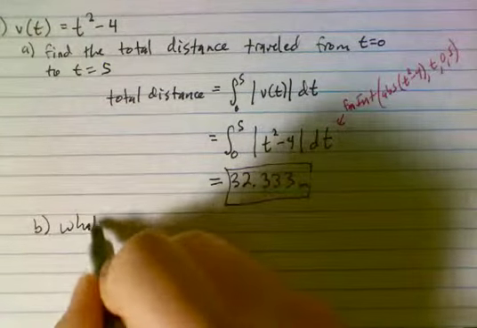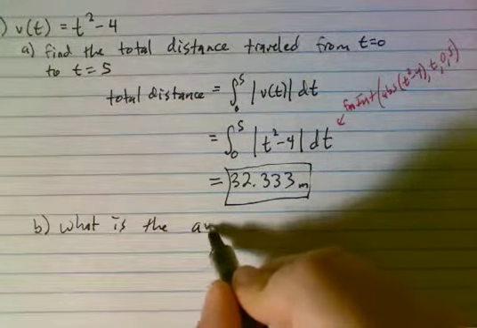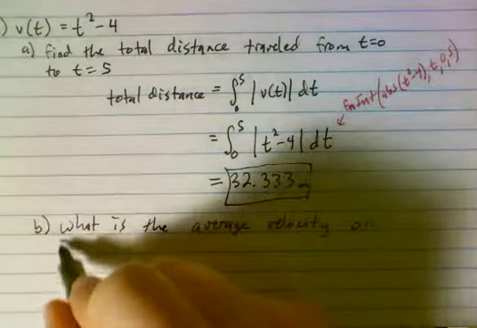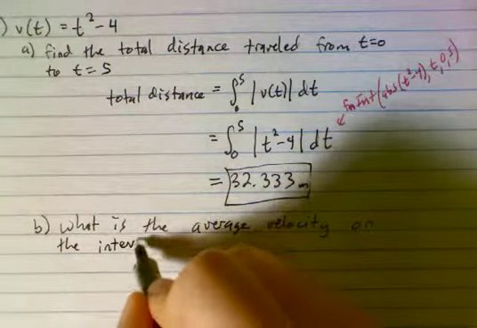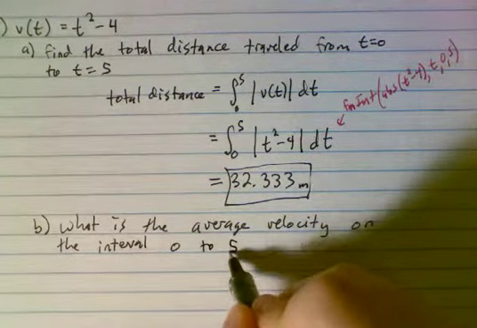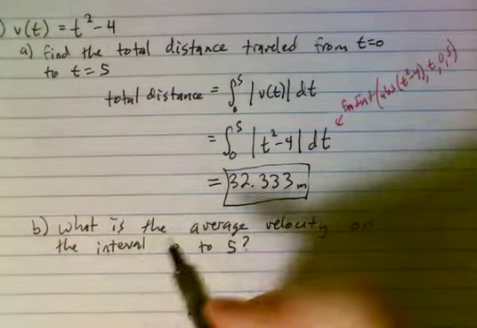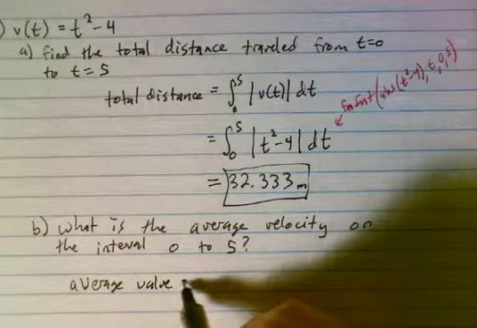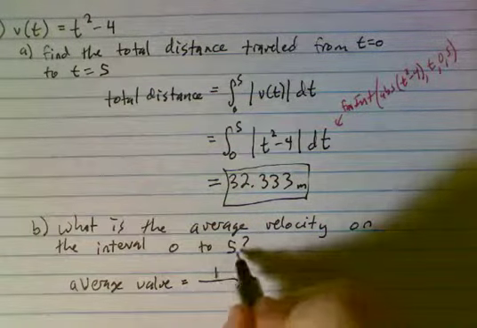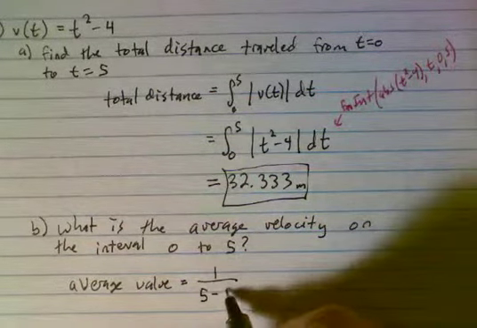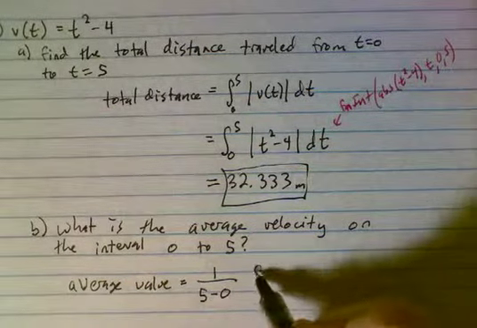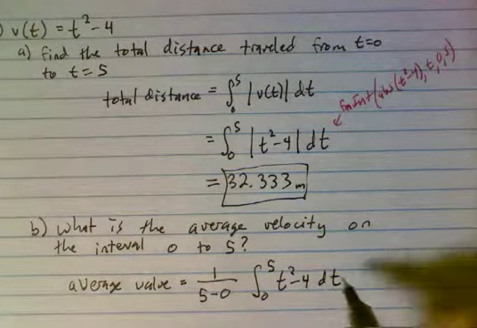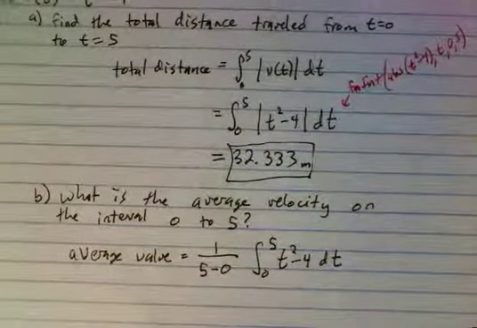Another question, what is the average velocity on the interval 0 to 5? Remember, average value for anything is going to be 1 divided by, subtract the two parts of the interval, this is something you just have to memorize.